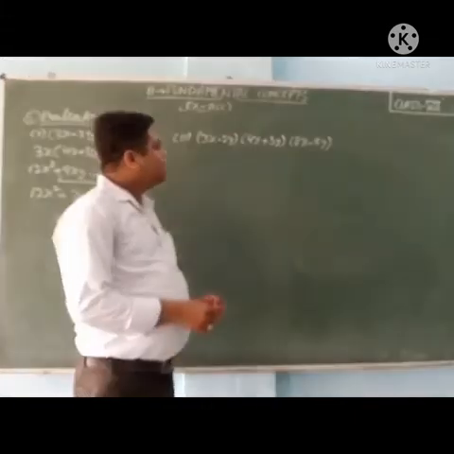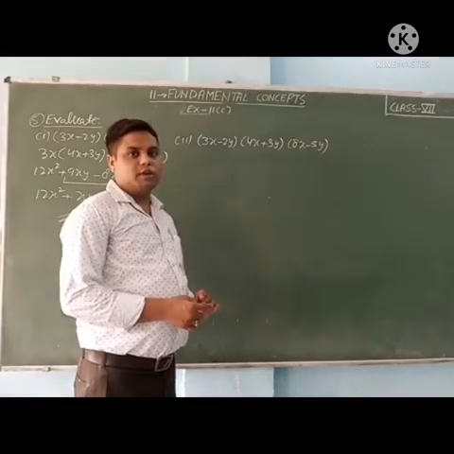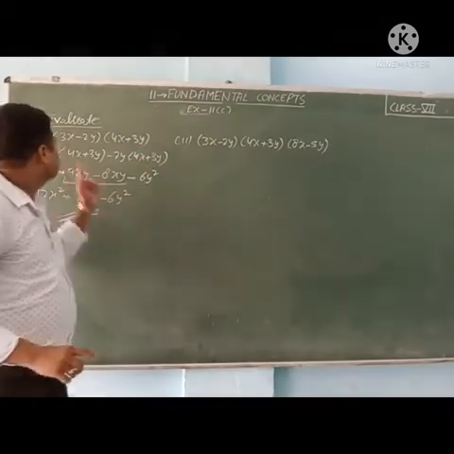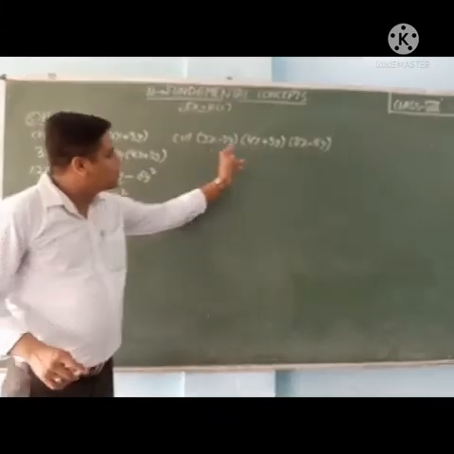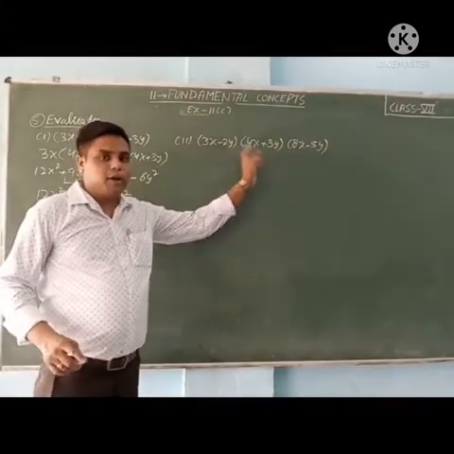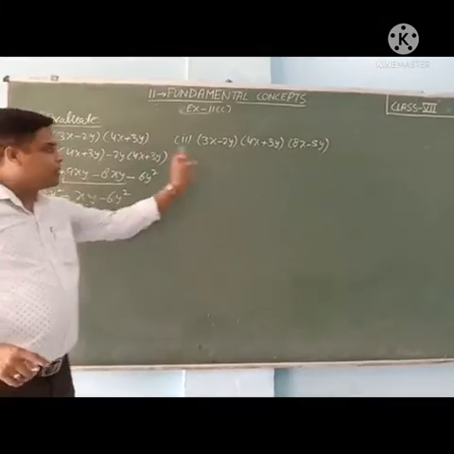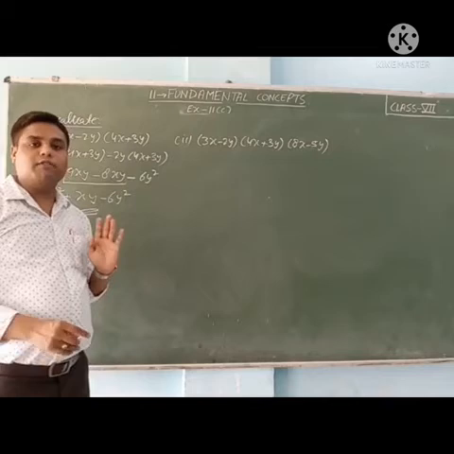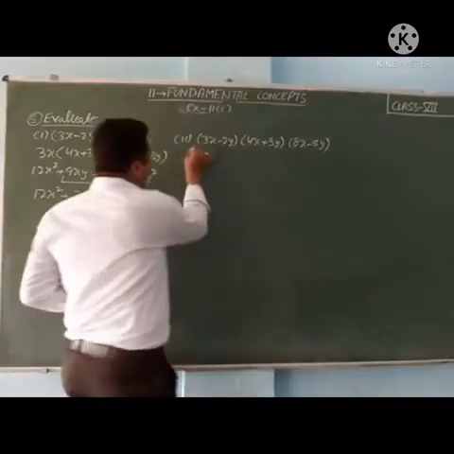3x minus 2y, 4x plus 3y, 8x minus 5y. Students, you can see in the first part this multiply is given. In the second part this multiply is also given. So we will not use the solution here because both the parts are separate. So first we will do this multiply.